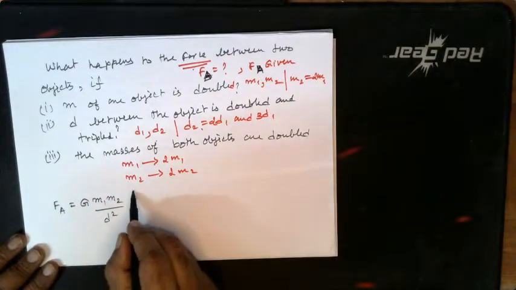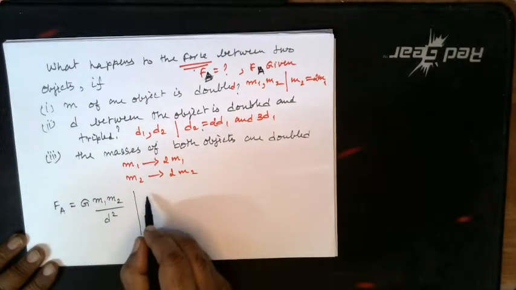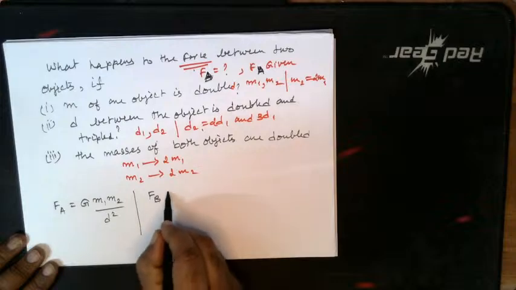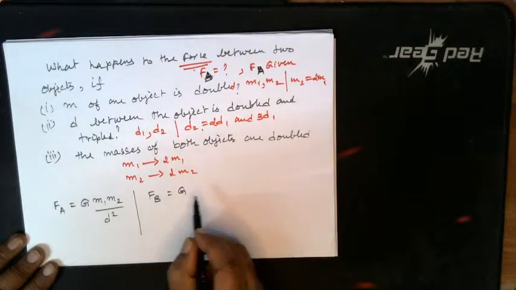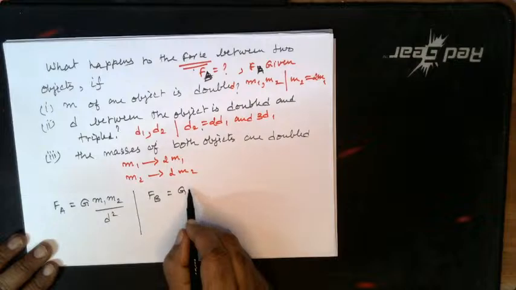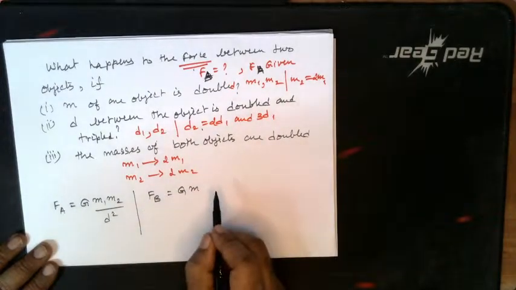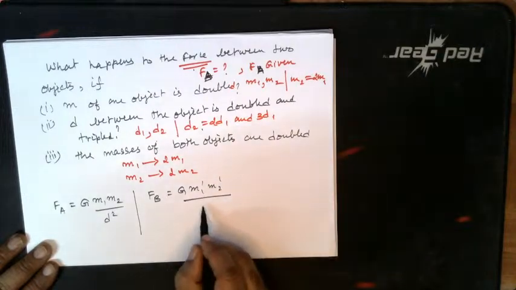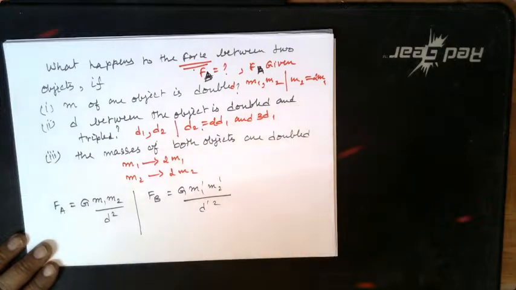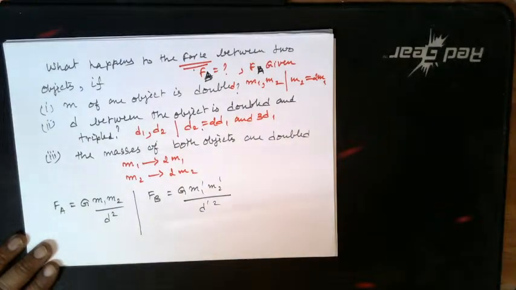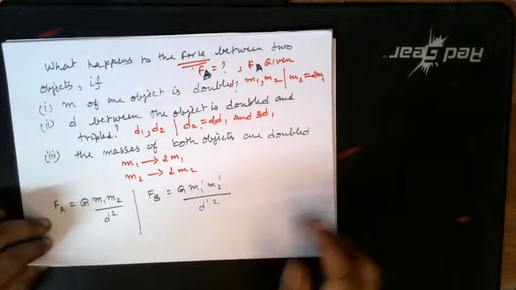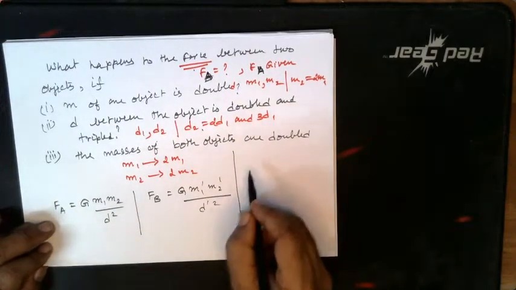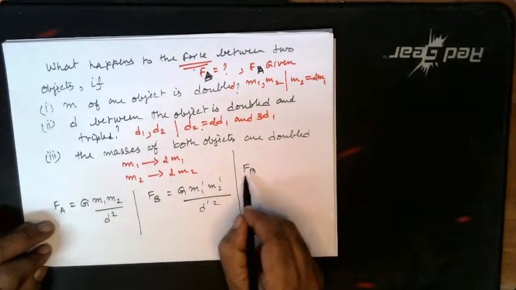Another set of force, FB, in this case G into M1 dash M2 dash divided by, and this is totally a different D dash, let me put, so D dash square. Now let us have FB divided by FA.